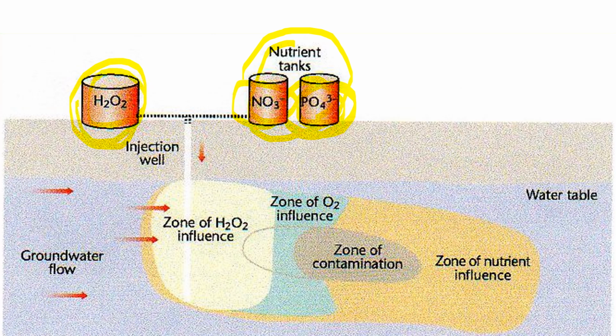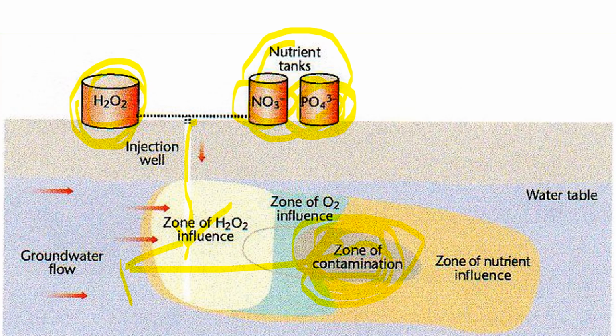Now this is the zone of contamination, and these nutrients are given to the groundwater table to activate the indigenously occurring microorganisms so that they grow well and metabolize well, and this zone of contamination is ultimately degraded and leached down to the groundwater flow.